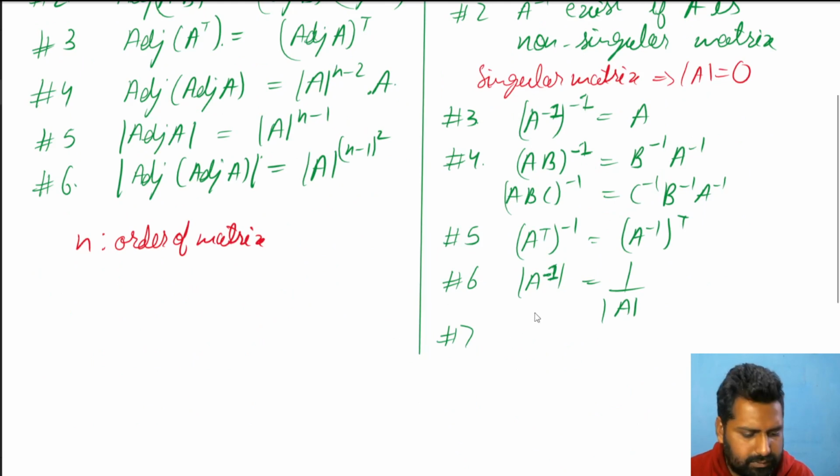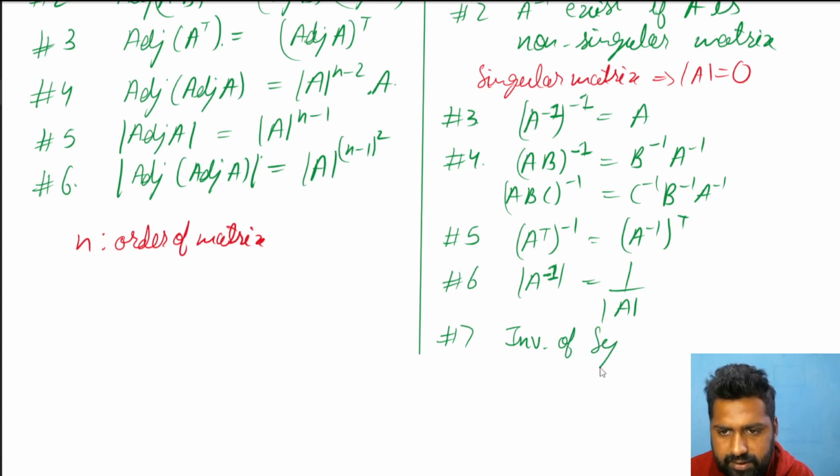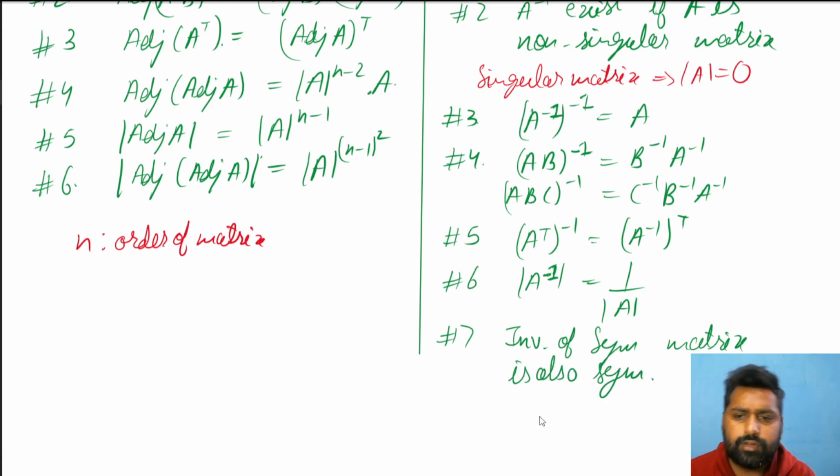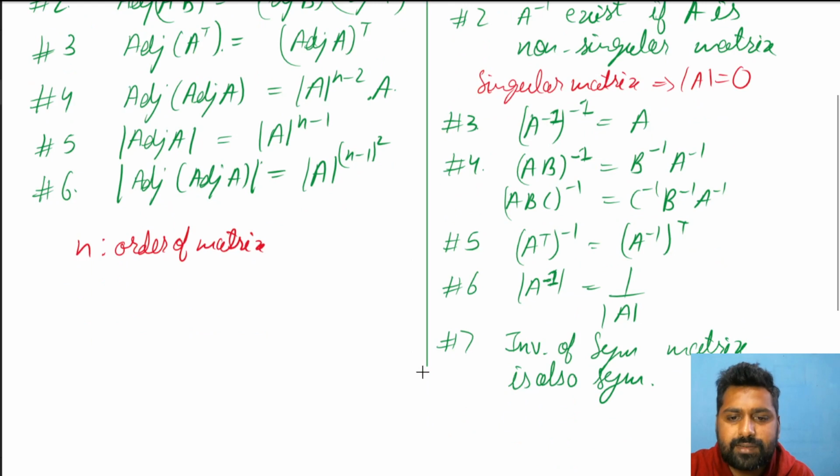That inverse of a symmetric matrix is also symmetric. I hope you recall what a symmetric matrix is, whose transpose is the same as the matrix itself. So if you do the inverse of a symmetric matrix, the inverse will also be a symmetric matrix.